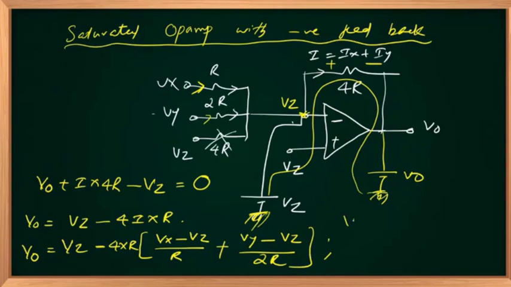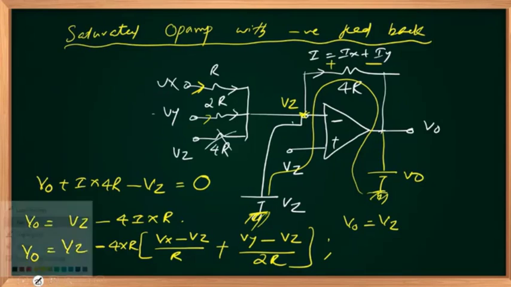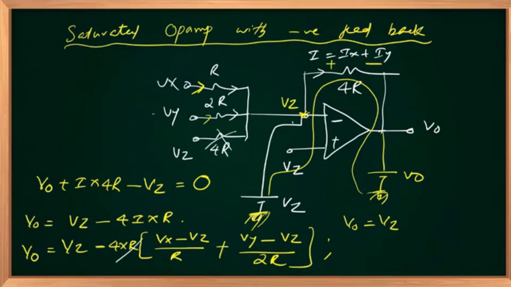So simplifying this, V out is equal to, R and R will cancel each other, right? Minus 4 times (Vx minus Vz) plus (Vy minus Vz) by 2.